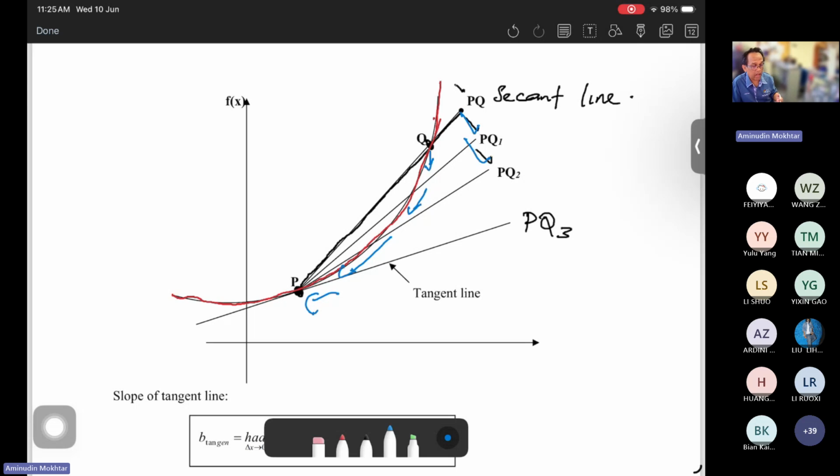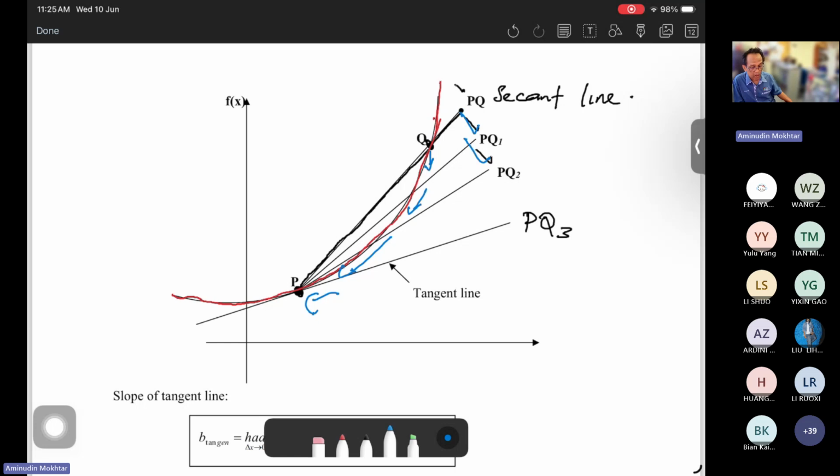We can have more secant lines as long as we move Q toward P. In other words, we approach P from the left. For example, I just draw two secant lines, PQ1 and PQ2. We can draw more than two secant lines here.